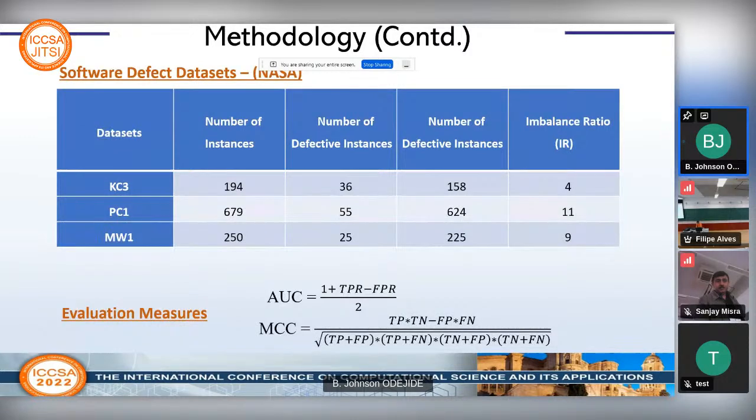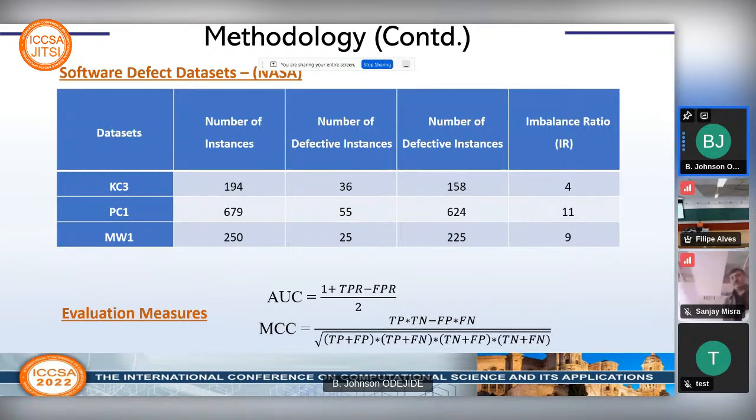So this is how we went about it. We extracted 3 data sets from the NASA repository, which are KC3, PC1, and MW1. And as we can see from here, the number of instances for KC3 is 194, and then we have the imbalance ratio of 4.